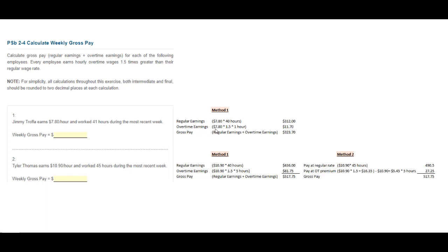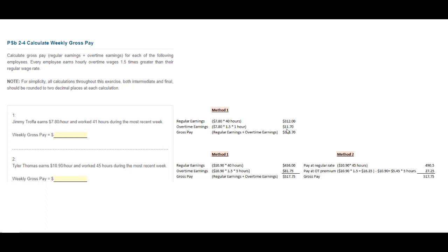Overtime earnings, we use the same rate, but times 1.5, it's times and a half. It's a premium for working beyond 40 hours in the week. So $7.80 times 1.5 times the number of overtime hours. In this case, it's just 1.